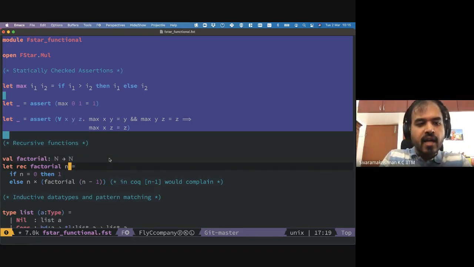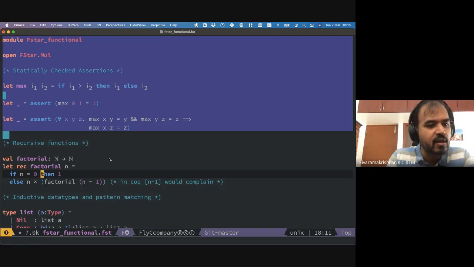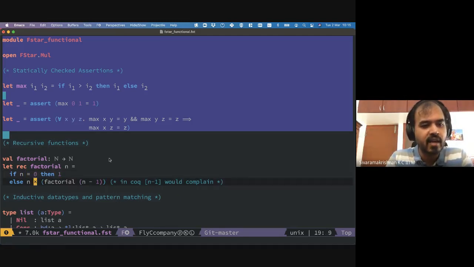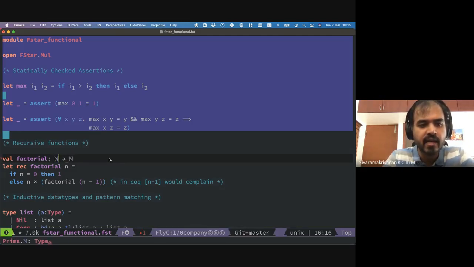There are a few things to note here. Factorial definition is obvious: if n is equal to 0, then 1, otherwise it is n times factorial of n minus 1. The other thing is it is using this mathcal notation for n. The way I type that is I just type nat nat, and that replaces it with the Unicode for n. Okay, so that is obvious.